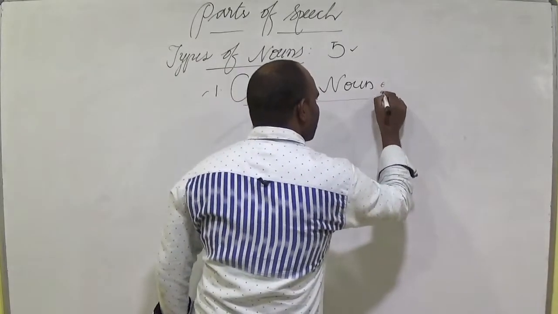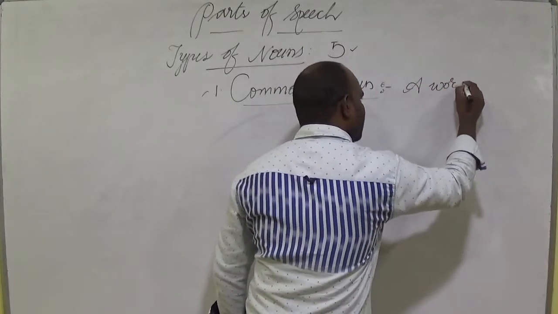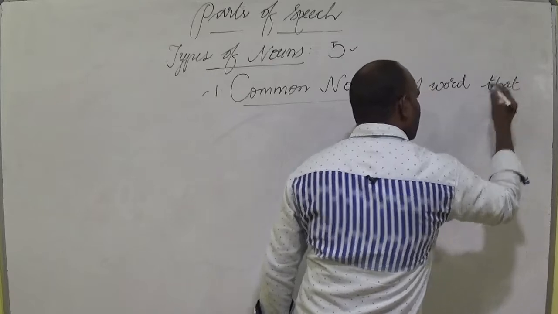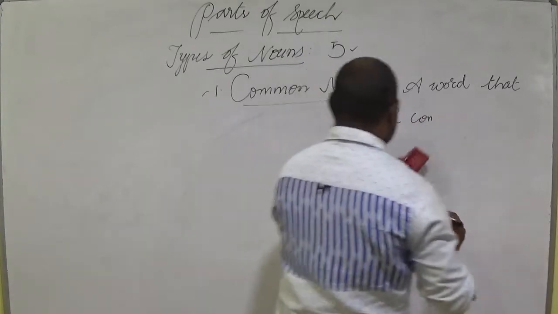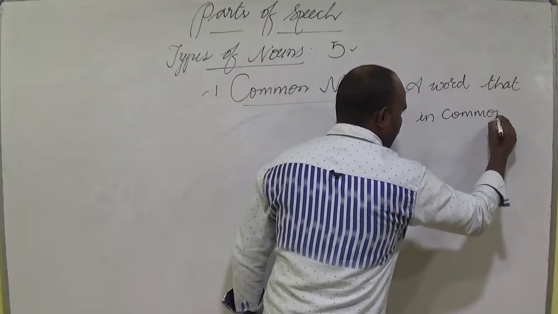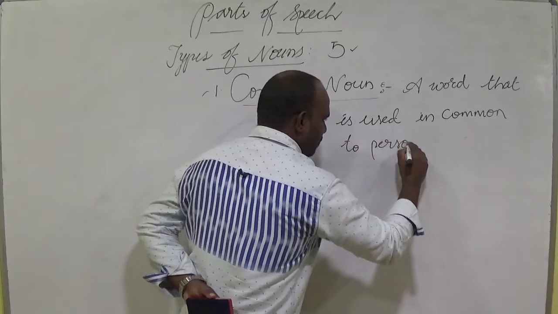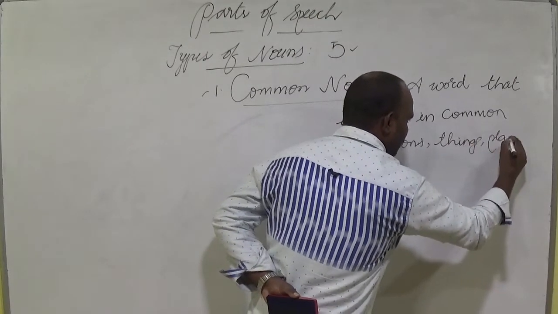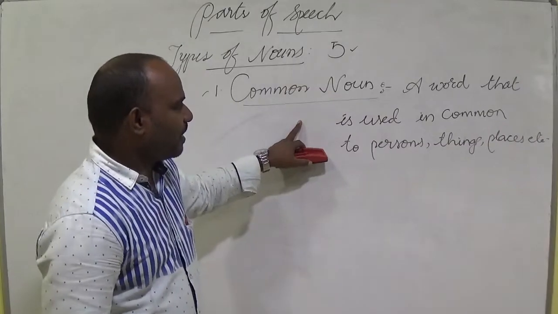What is a common noun? A common noun is a word that is used in common to persons, things, places, etc. We use common nouns for commonly known people.